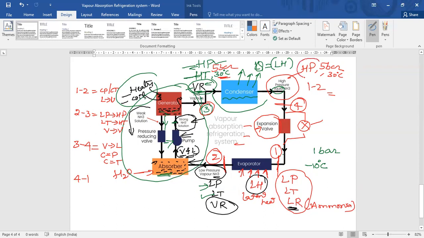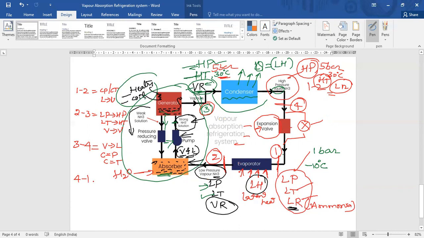So this high pressure, high temperature liquid refrigerant, when it undergoes expansion, will become low pressure, low temperature liquid refrigerant. Again, it recycles, completes one cycle, and undergoes one more cycle. So this is the working of a vapor absorption refrigeration system.